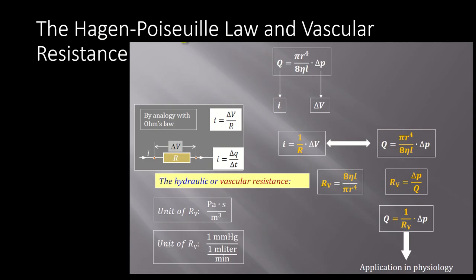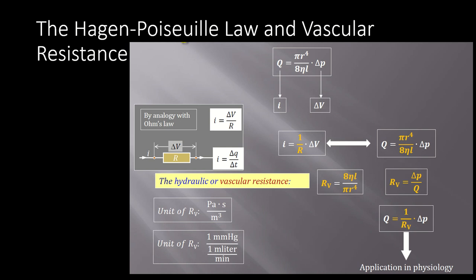This is similar to the electrical circuit we talked about when it came to standard resistor circuits. Essentially, with the Hagen-Poiseuille law, we're going to look at what's called vascular resistance.